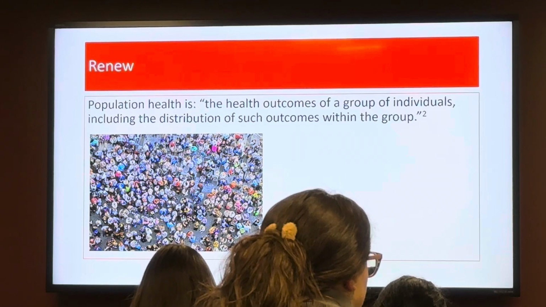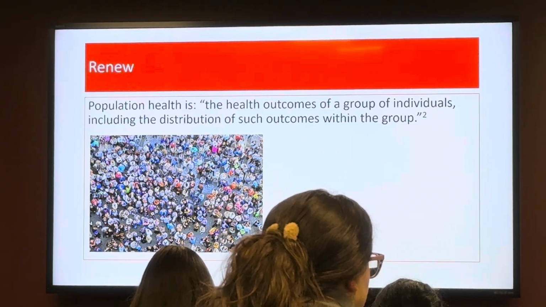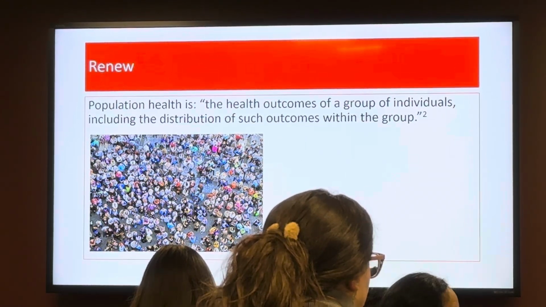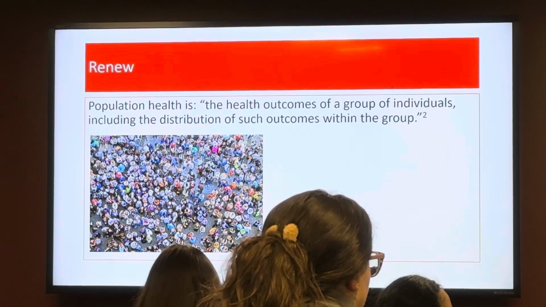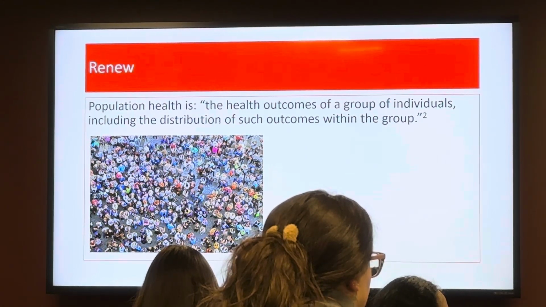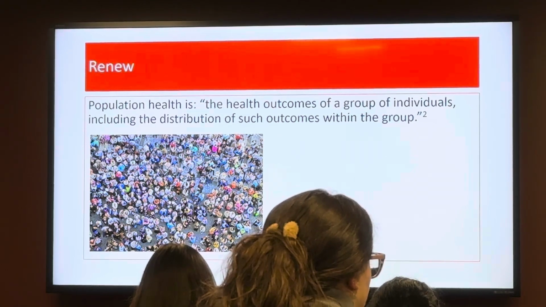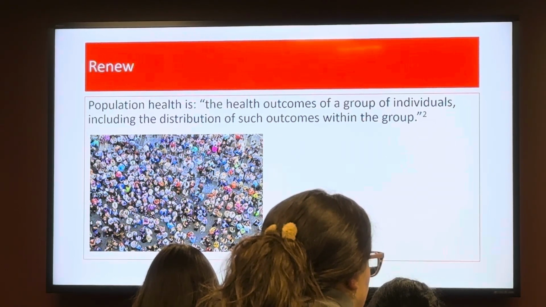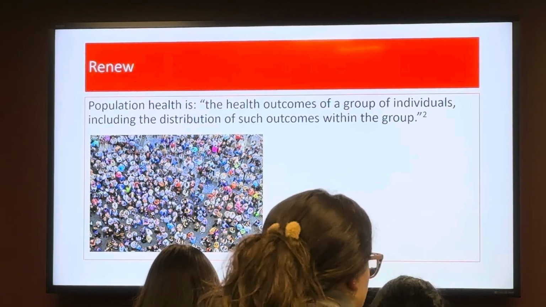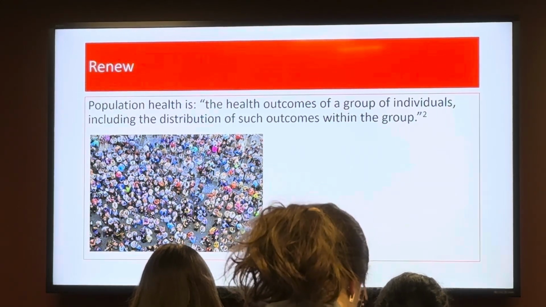So when you look within a group, there's wide disparity in the health between different groups of people. Higher income, low income, rural, suburban, and so on. So we need to recognize that as well.